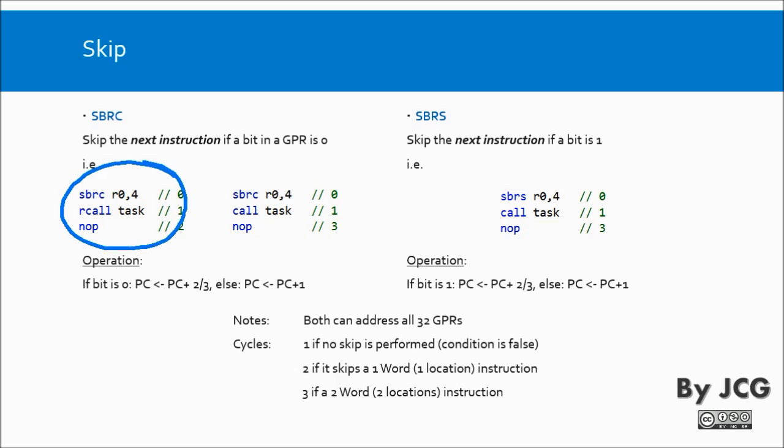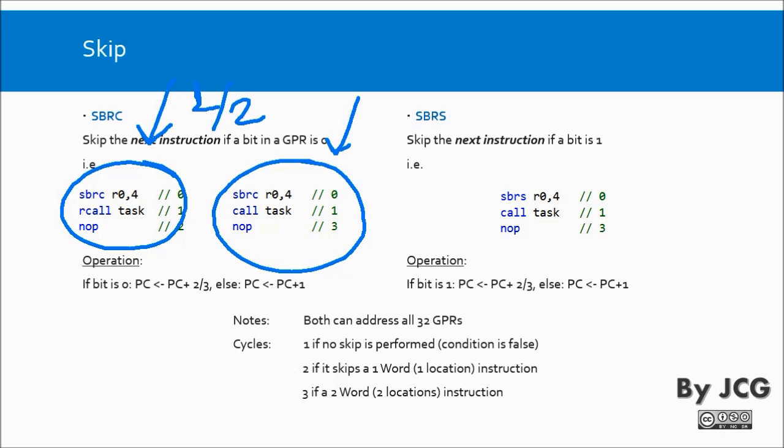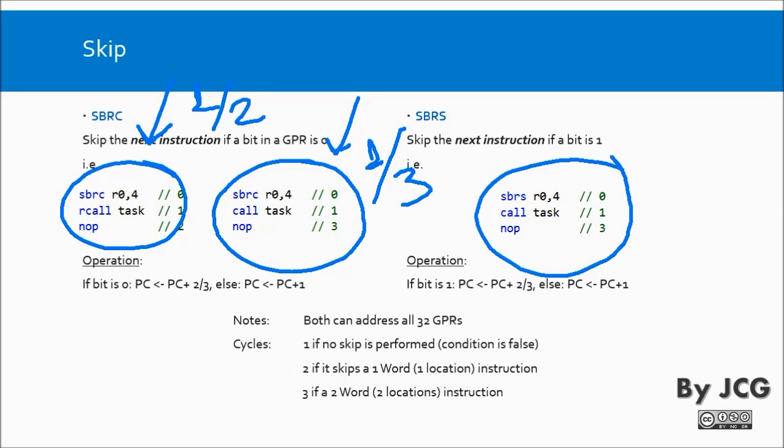And it's going to take 3 cycles if the next instruction is a 2-word instruction, which is the case of this code. This code here is going to take either 1 or 2 cycles, and this code here is going to take either 1 cycle if there is no skip, or 3 cycles if there is a skip. This instruction is going to take either 1 if there is no skip, or since we have a call here, 3 cycles.